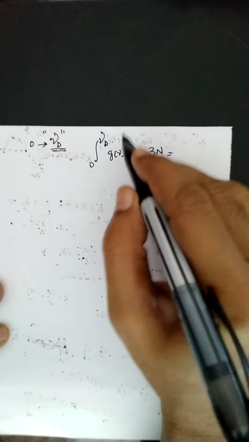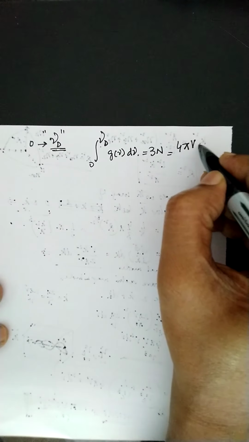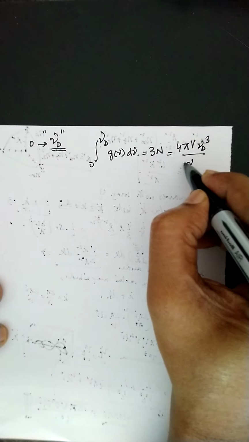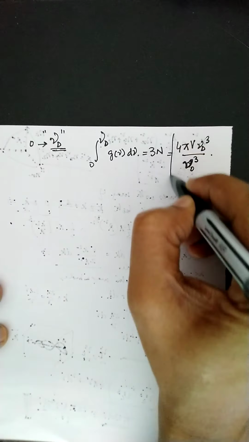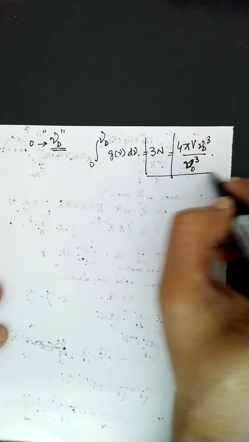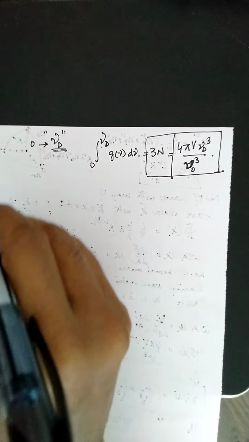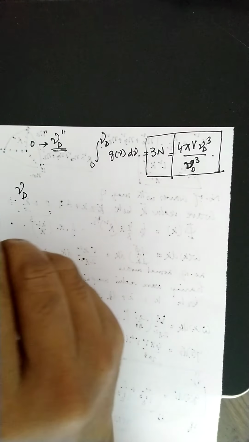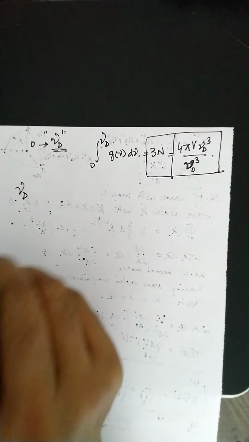And when you put in that nu square d nu, ultimately this function comes as 4 pi v nu d cube by v0 cube. So this is the condition, 3n equals this, that will give you an estimate of nu d, which is the maximum frequency of these normal long wavelength vibrational modes which are possible in the Debye model.